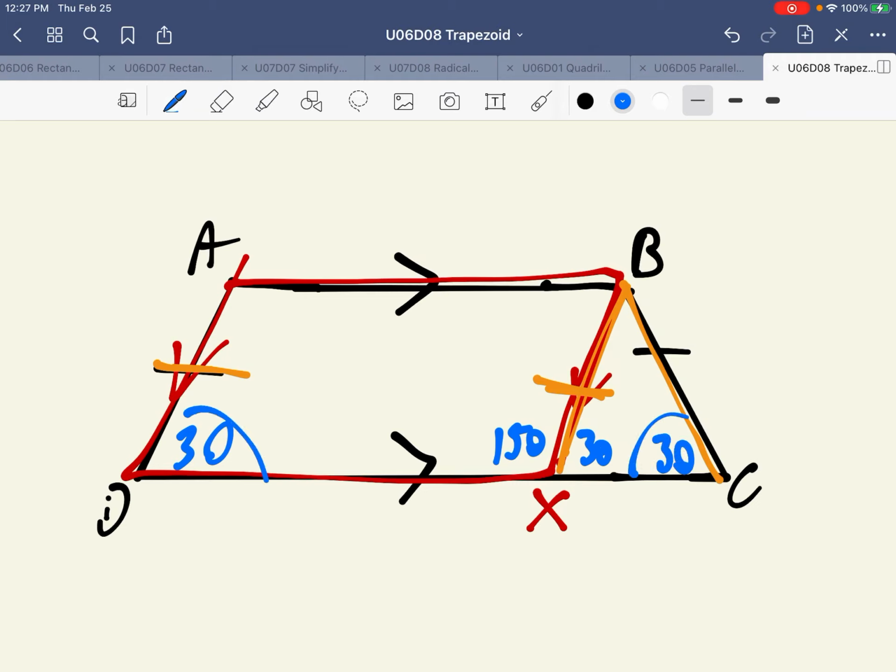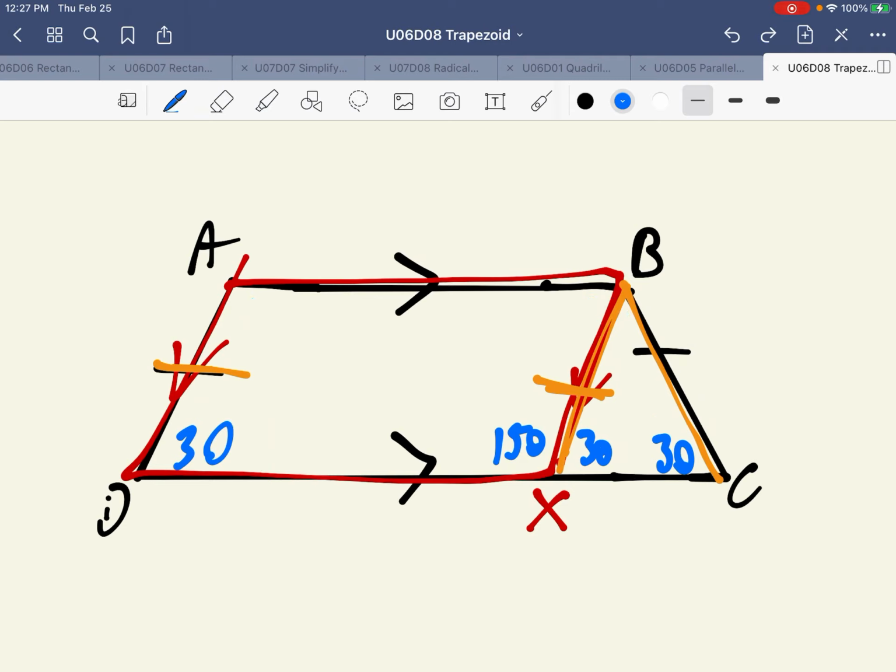Therefore, the base angles are congruent, and then the leg angles are supplementary, so that makes this angle 150, and this angle will also be 150 because it's going to be supplementary to the other angle on its leg. So hopefully that is a bit clear as to why the base angles are congruent in an isosceles trapezoid.